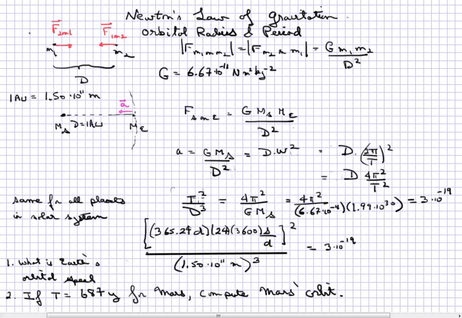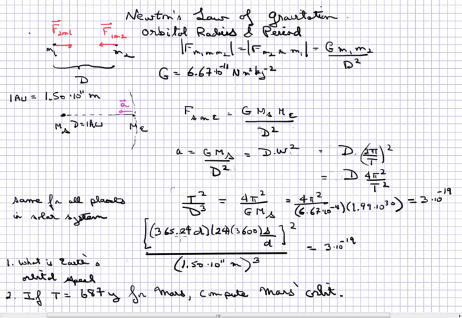T squared over d cubed, where T is period and d is the orbital radius, is a constant. It's 4 pi squared divided by big G times the mass of the Sun. If you put the numbers in and figure that out, it's 3 times 10 to the minus 19. I'm not writing the units out here, but I'm using standard kilograms, meters, seconds units.